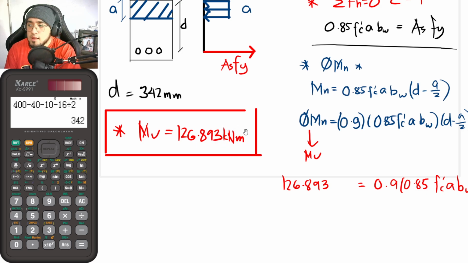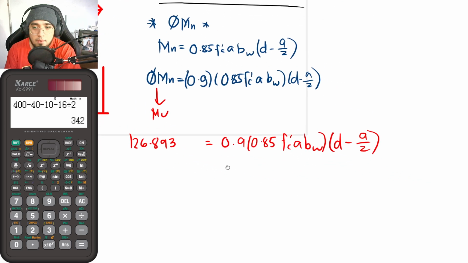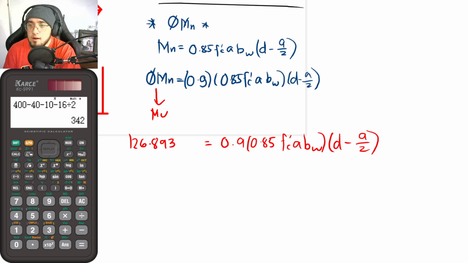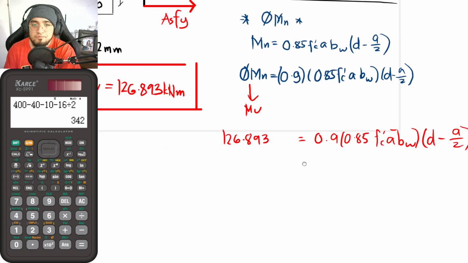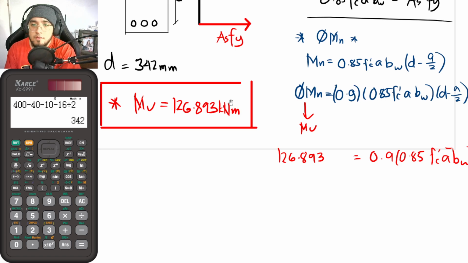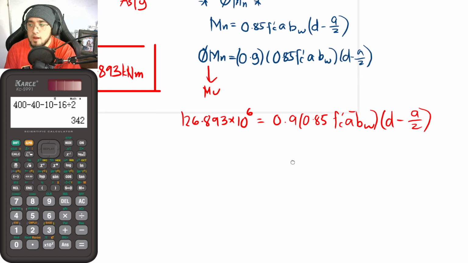So the first thing that we should do is convert this into Newton millimeter, because our f prime c is in megapascal and our dimensions are in millimeters, so our answer must be in Newton millimeter. If you convert kilonewton meter into Newton millimeter, just multiply by 1 million. That is now our conversion factor.